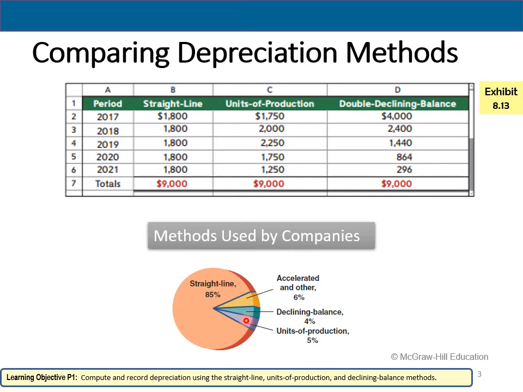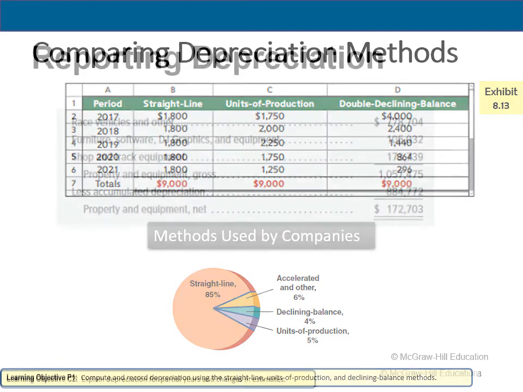And so the more you sell, the more revenue you would have. And when you have more revenue, it makes sense to have more expense, because you can cover that expense. So if you have to take expense, you want to take it when you have the revenue to offset it and still be profitable. Accelerated, other methods. So these are really what we haven't covered. And then your declining balance is 4%. Right. So that's your relative proportions of depreciation methods used by companies.